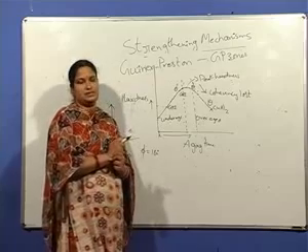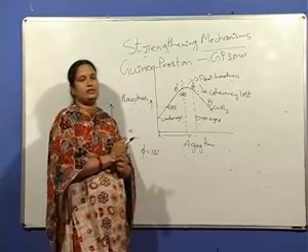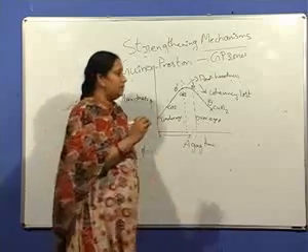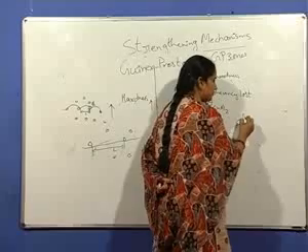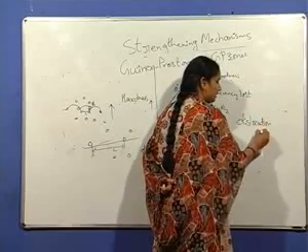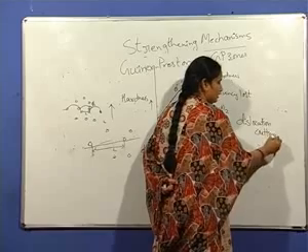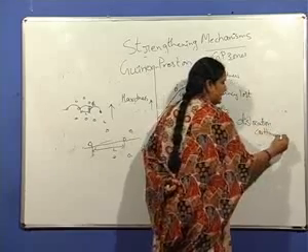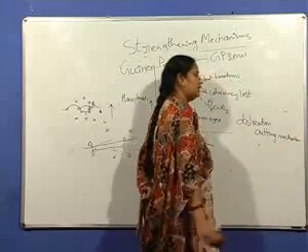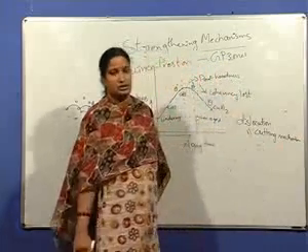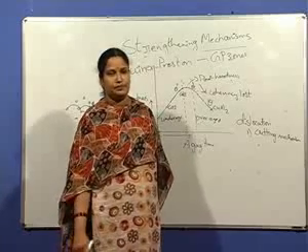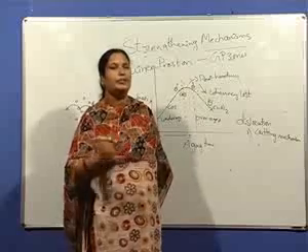The two mechanisms that lead to strengthening of precipitation hardenable alloys are, first, dislocation cutting, the cutting mechanism by which the dislocation cuts the precipitate particles and then moves further.